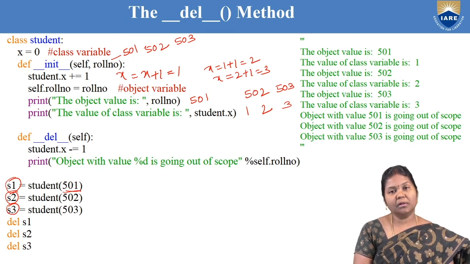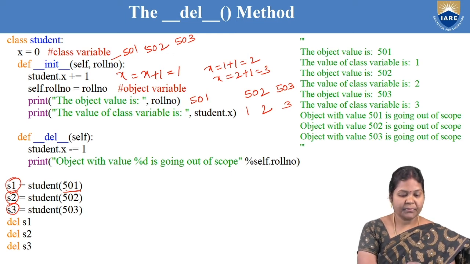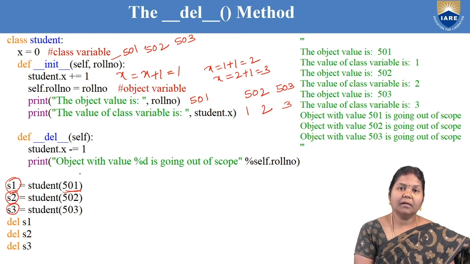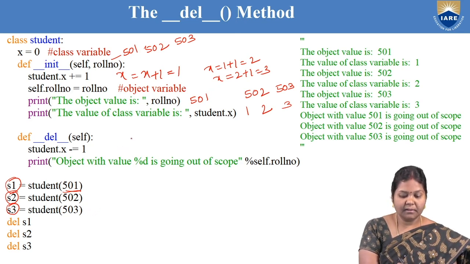But if the object is no longer required, you can also delete it and get back the resources. Let us see how to use the del method. The definition def __del__ is a built-in method here. Every time we call the del method, we decrement the value of the class variable.